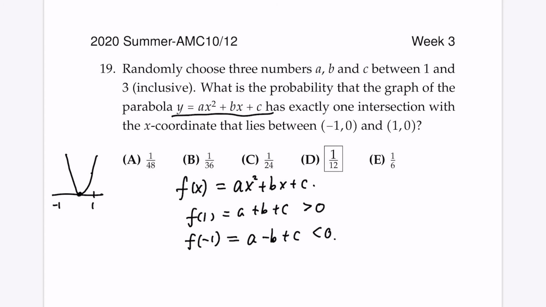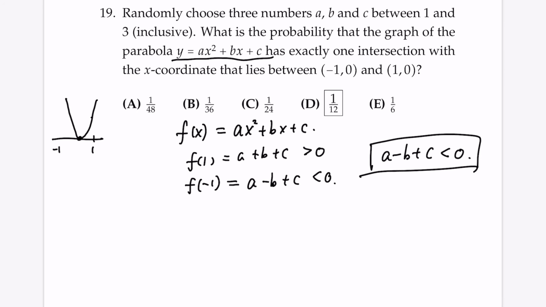So the criterion for the quadratic equation to have exactly one root between -1 and +1 is a minus b plus c less than 0. That solves the algebraic part, the criterion for the quadratic equation to have one and only one root between -1 and +1.